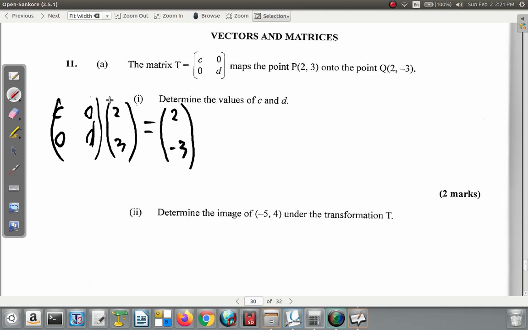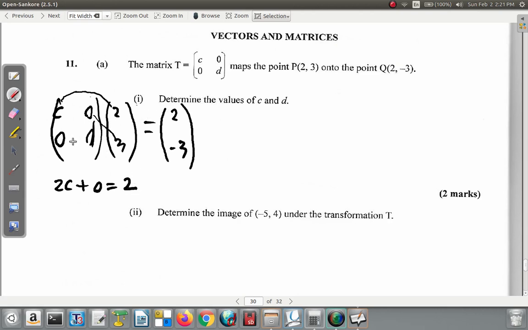Now, remember your multiplication. This is row 1 at the top, rows by columns. So the first element in row 1 times the first element in the column is 2 times C, 2C, plus the second in row 1 times the second in the column, 0 times 3 is 0, is equal to this in row 1.